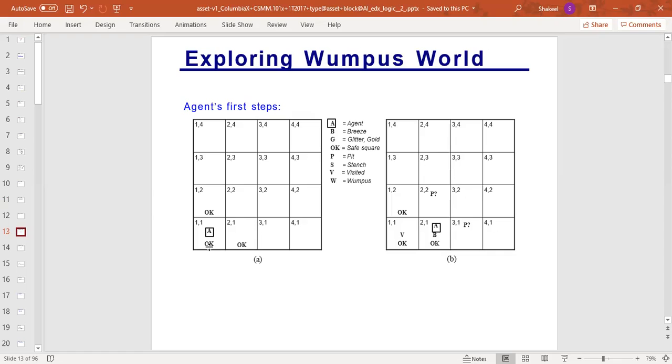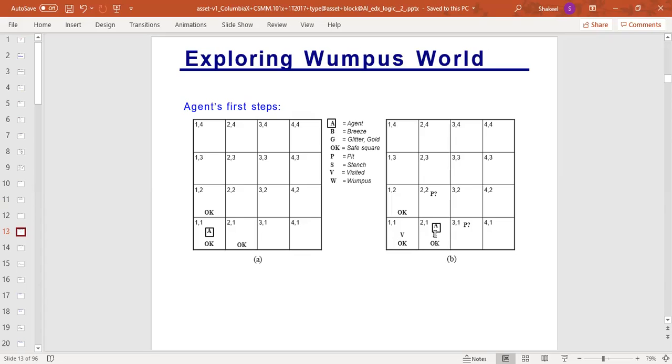So the agent could either move to room 1 2 or to room 2 1. So suppose we pick to go to room 2 1. Then the agent will move into this room here. This room is visited.